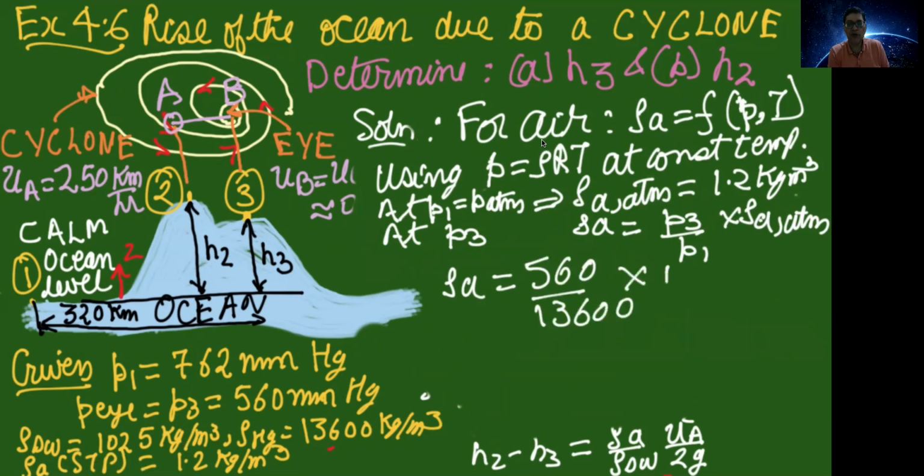So once we do that, we get the density of air as 0.882 kg per meter cube. So you can see that at atmospheric pressure, it is 1.2 kg per meter cube, but at subatmospheric low pressure, vacuum pressure, the density of air has reduced to 0.882 kg per meter cube.